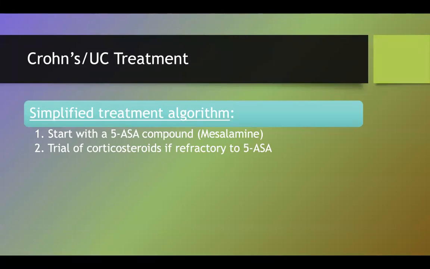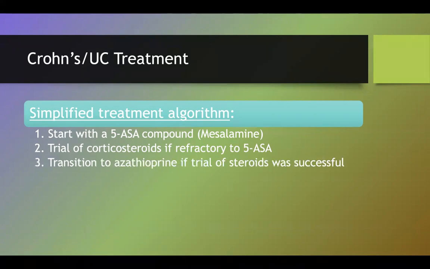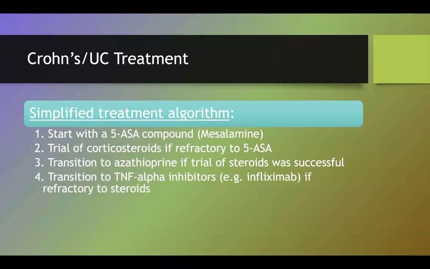And then after here, there's a few different algorithms that show different things. I liked one of the algorithms that basically said, hey, if your steroids worked out, you can give them a low dose immunosuppressant, azathioprine. Sorry, I can't speak right now. And then if the steroids really didn't work out as well, then you can move up to a TNF alpha inhibitor, like infliximab.